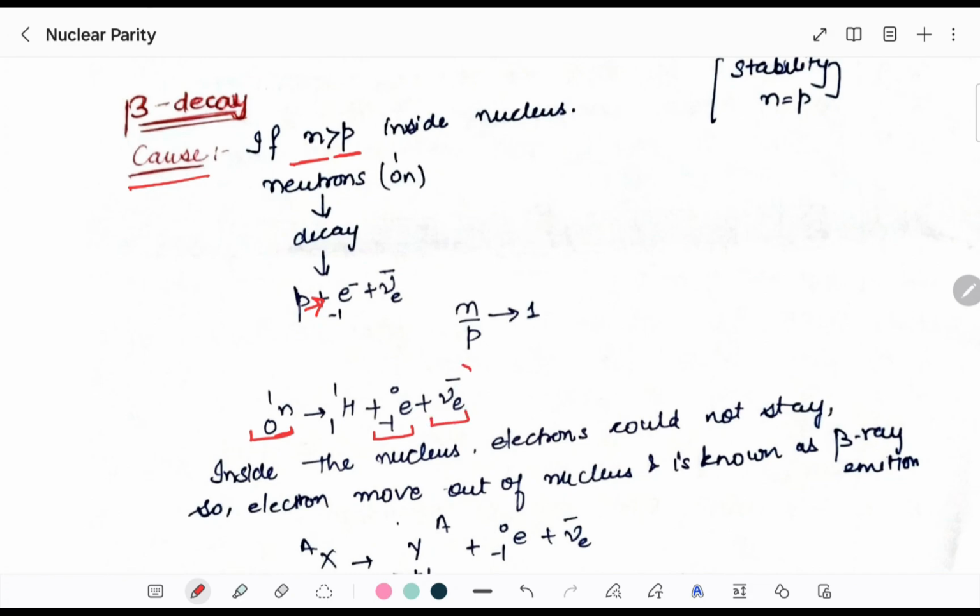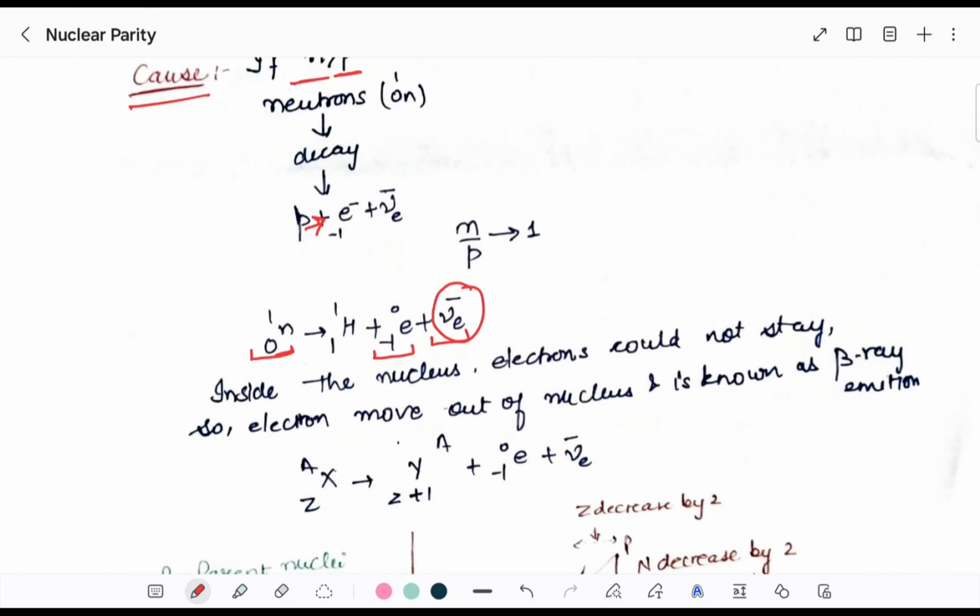This is also emitted to conserve the spin of this interaction. Since this process occurs inside the nucleus but electrons are emitted, and as we know electrons cannot stay inside the nucleus, the electrons move out of the nucleus and this is known as beta ray emission.